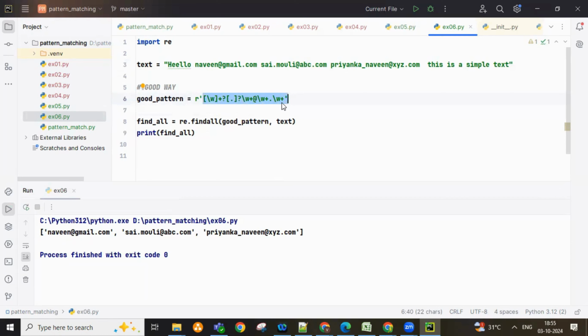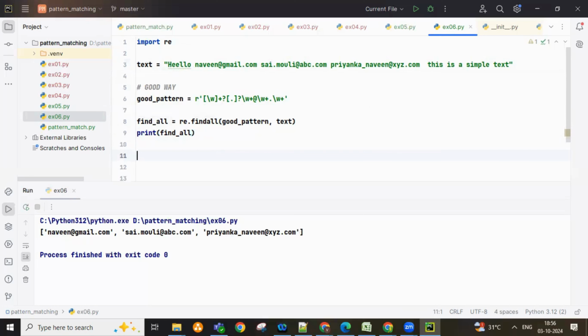So it's really important when you're using a character class, it will match. In real time, it is up to us.